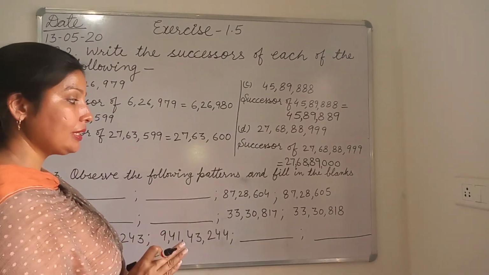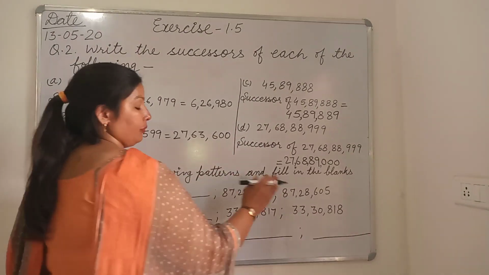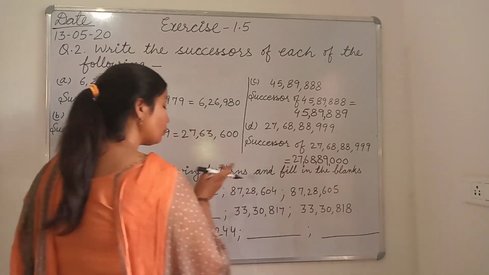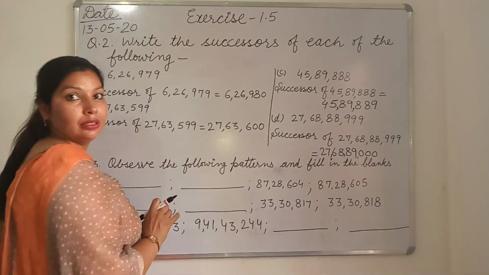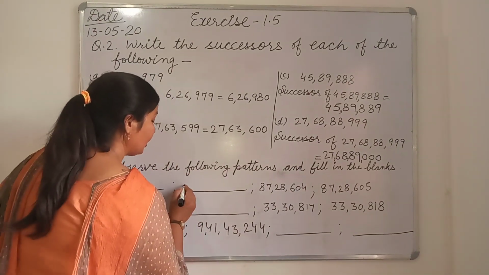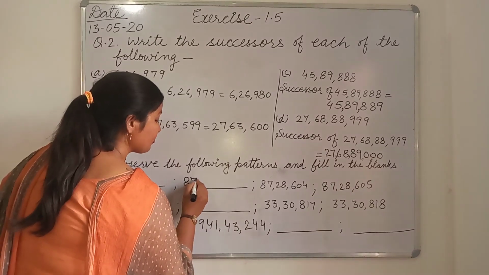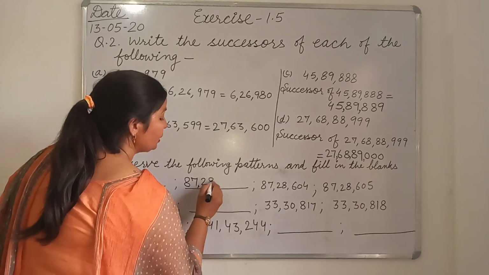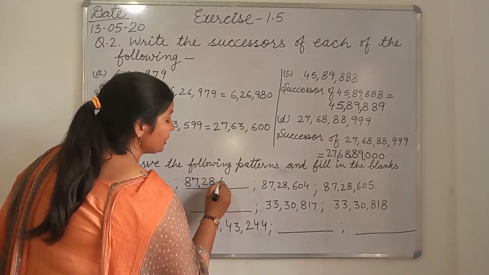Okay? What pattern is there? We are adding 1. After 4 we have 5. So before 4 what do we have? 3. So that means there will come 87 lakhs, lakhs will be the same, then 28,000, then 603.